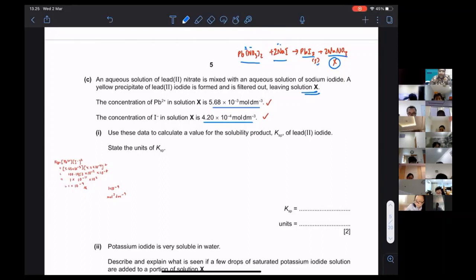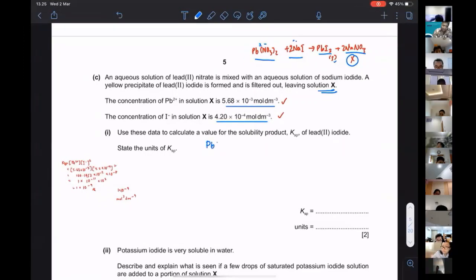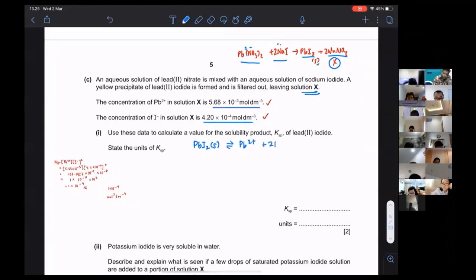If I want to calculate the value of Ksp, we know that if you have PbI2, which is the solid, they are going to give you Pb2+ and then 2I-. So the Ksp is going to be the Pb2+ concentration and then I- concentration to the power of 2.